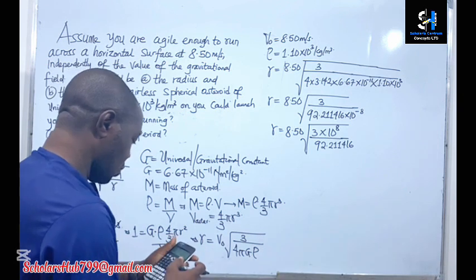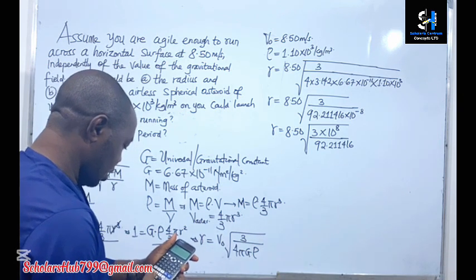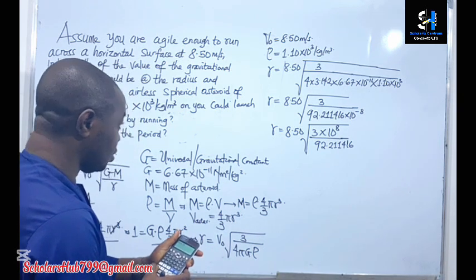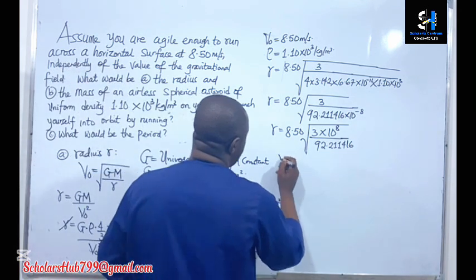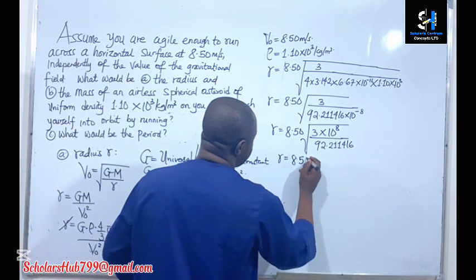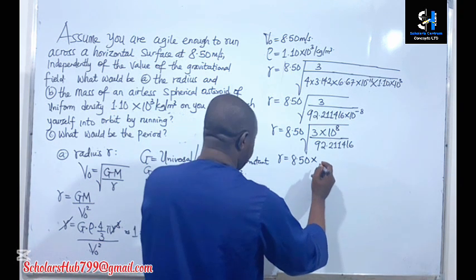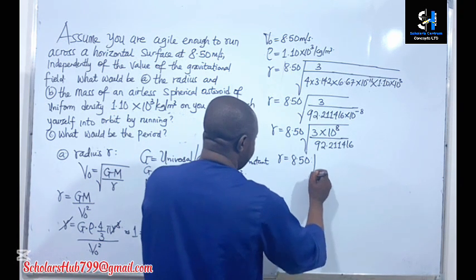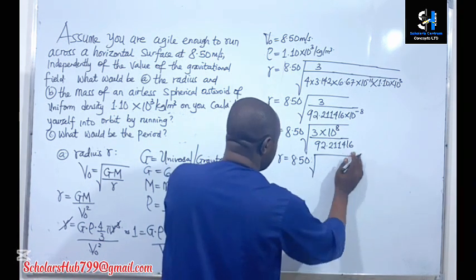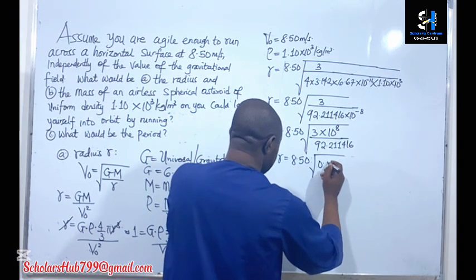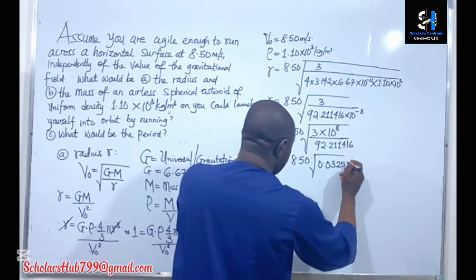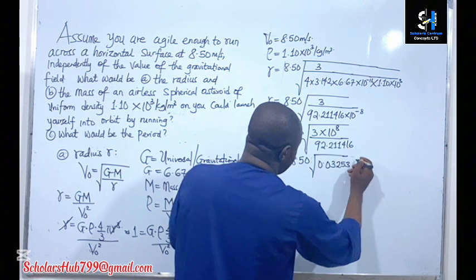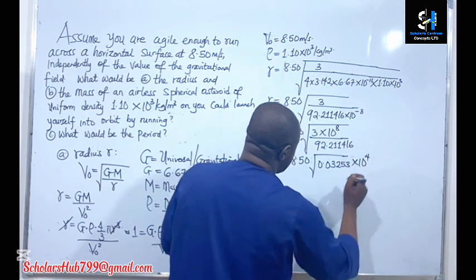So what is 3 divided by 92.211416? This will be r equals 8.50 multiplied by 0.0325253.